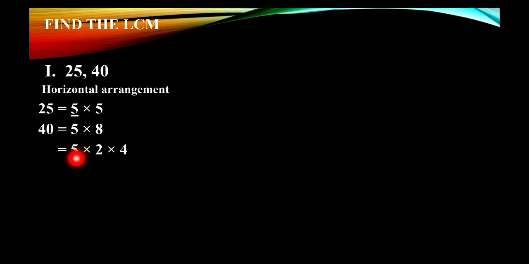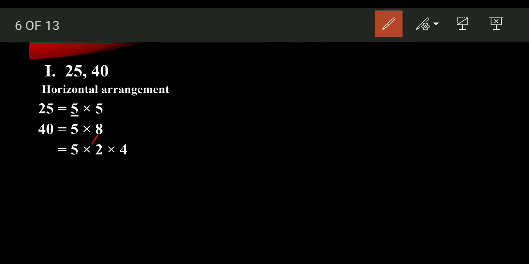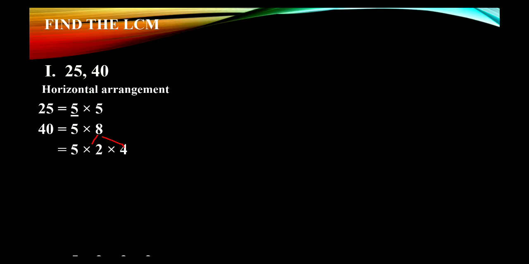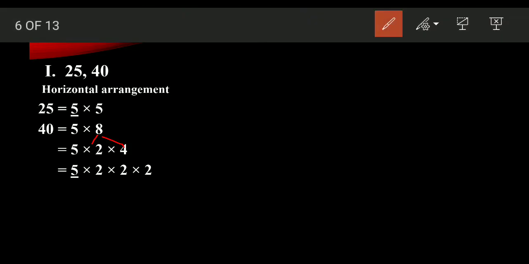Now this 8 can be factorized. The 5 will be carried out. This 8 can be written as 2 into 4. Again the 5 will be carried out, and the 2. Now this 4 can be written as 2 into 2. This we learned yesterday itself, right?